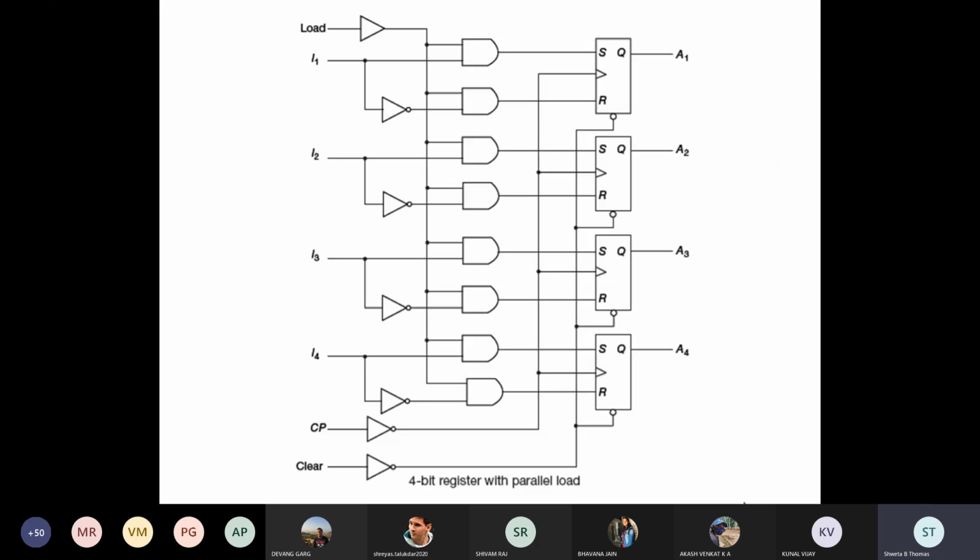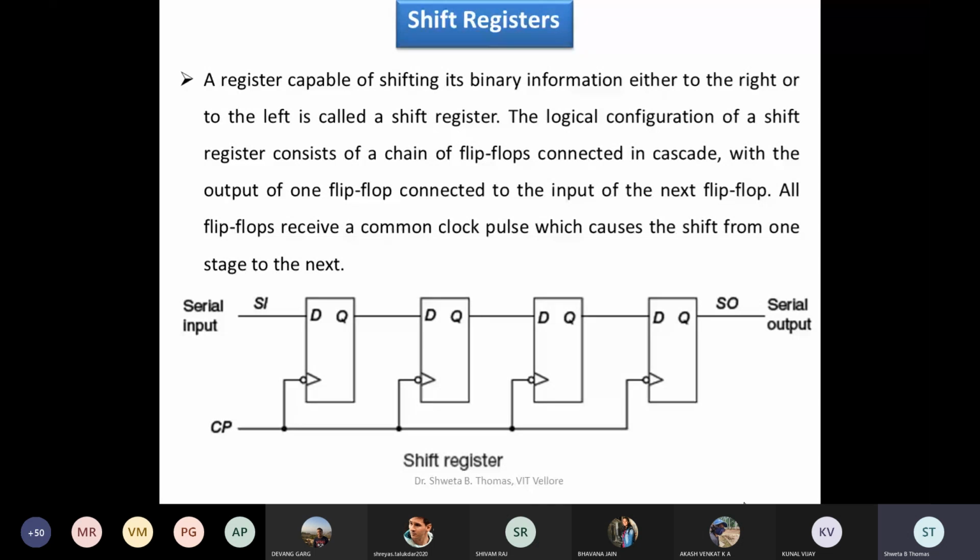Next we have the shift register. What is the difference between the parallel register and the shift register? In the parallel register, we store all the outputs in parallel, but in the shift register, the input is transferred one bit at a time.